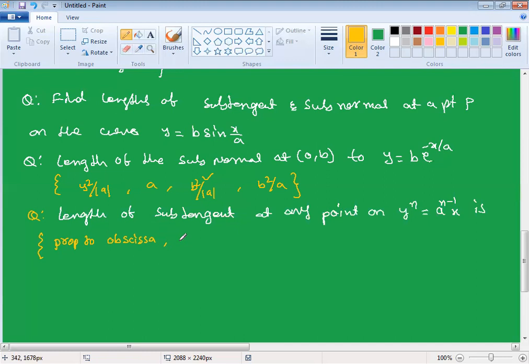Second option, proportional to ordinate. Third one, length of subnormal. Fourth one, none of the above. So these are the options for this question. If you find length of subtangent is equal to one of the three, tell me.